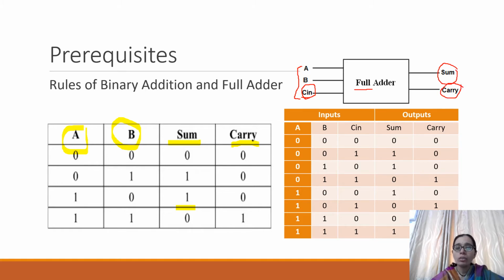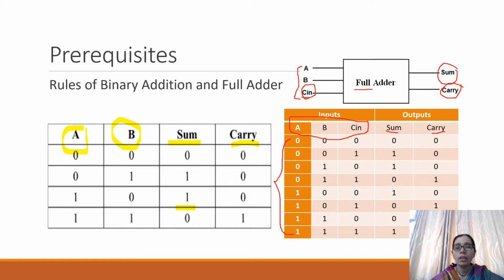So this is the truth table of the full adder circuit. Whenever A is 0, B is 0, C in is 0, sum is equal to 0 and carry is 0. Depending upon the combination of A, B and C in, sum and carry are produced. Here 3 inputs are there, therefore total 2 raised to 3, that is 8 combinations.